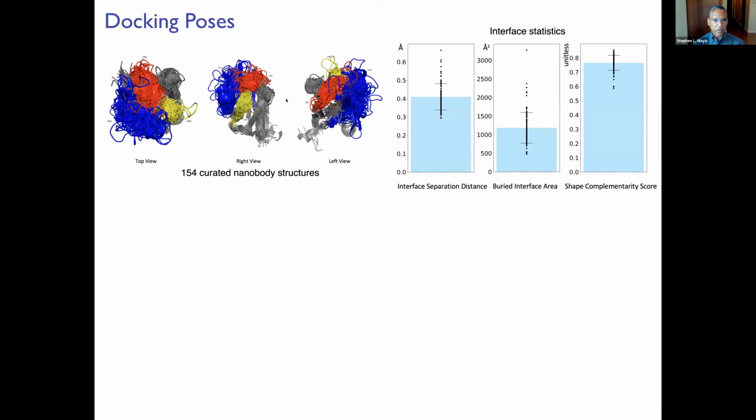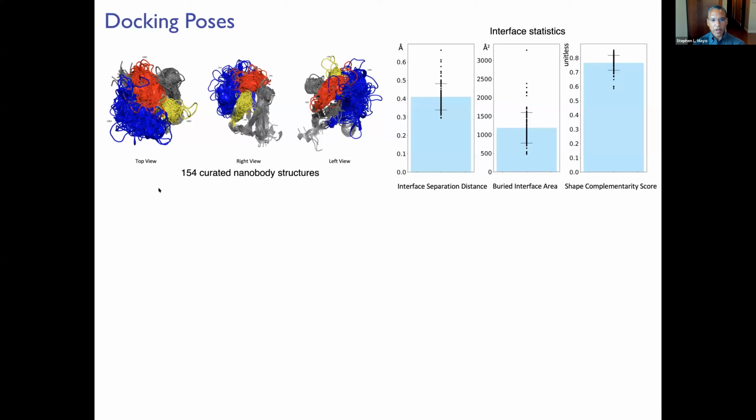And you can see the framework in gray, and then the various CDR loops from those nanobodies. CDR1 is shown in red, CDR2 in yellow, and CDR3 in blue. And then for these 154 antigen nanobody complexes, we characterize the interfaces in the complexes by separation distance, buried interface area, and then a shape complementarity score.